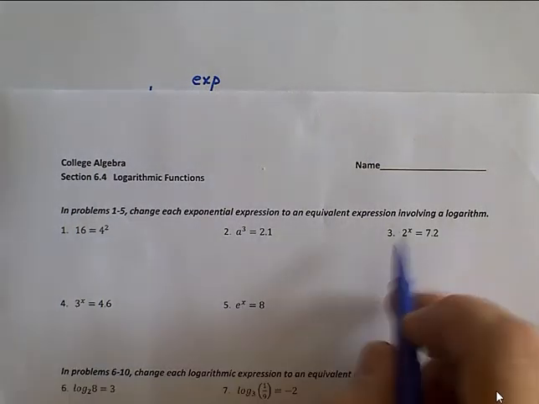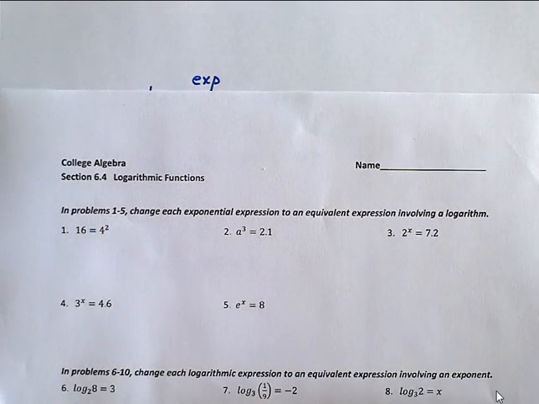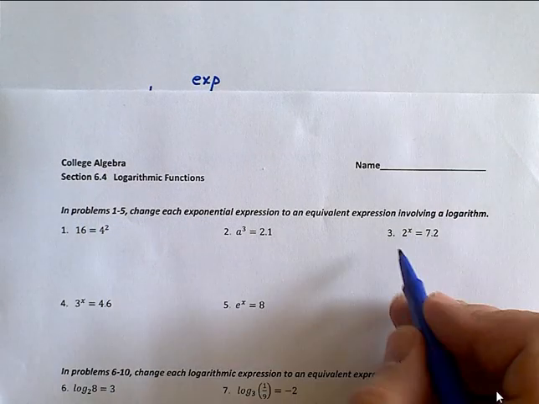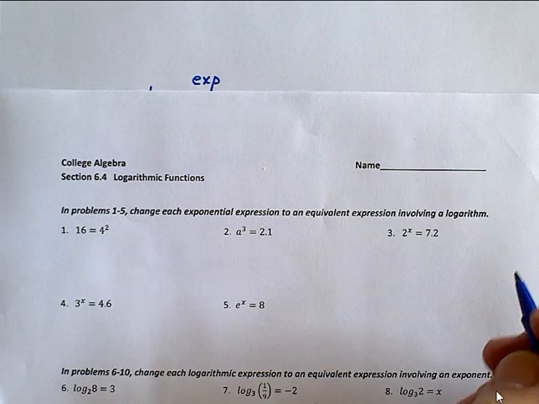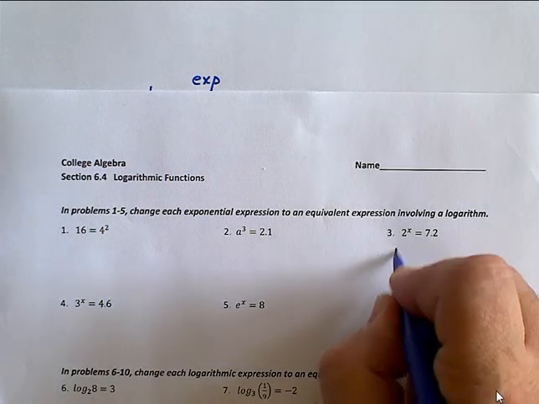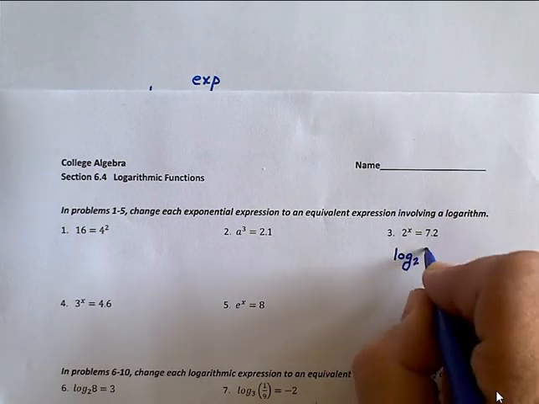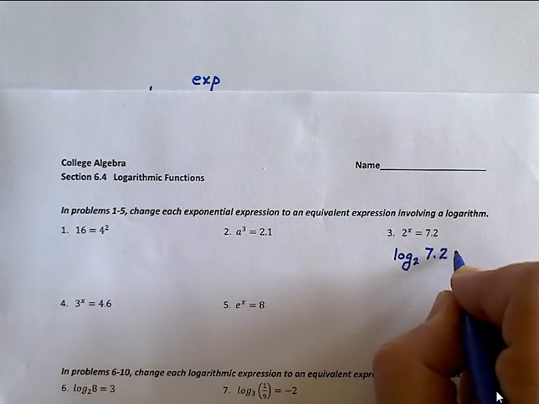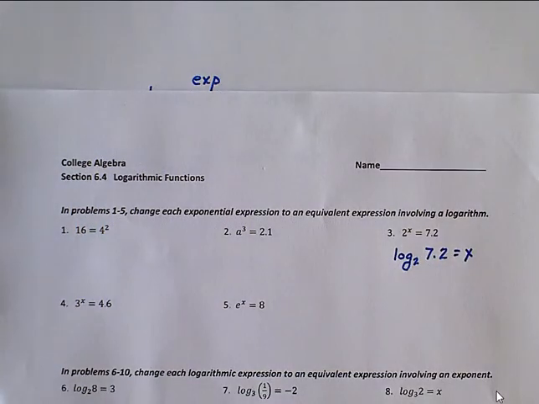So number 3, 2 to the x power equals 7.2. Now, 2 is your base, x is your exponent, and then my answer is 7.2. So based on this, I can say log base 2 of 7.2 equals x. And you're done.